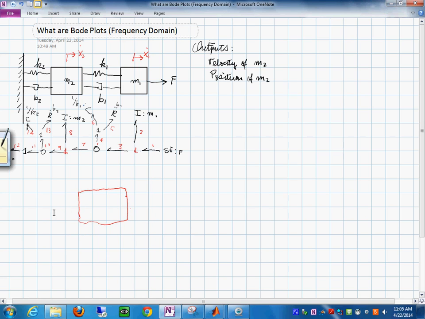You're going to have on one side an input side, and then you're going to have an output side. Okay, this is your system.